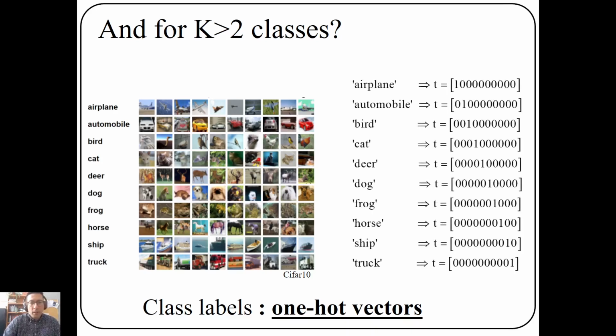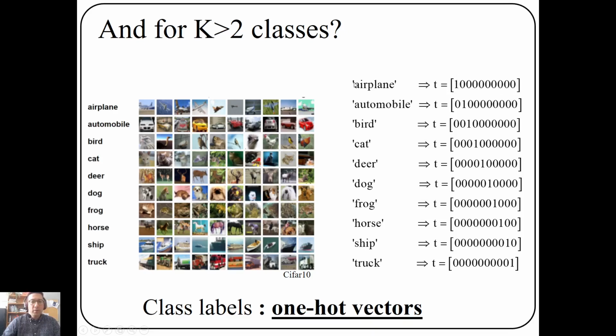And each class, instead of being associated to a value like 1, 2, 3, up to 10, is assigned a so-called one-hot vector. It's a vector of 10 elements, where every element is equal to 0 except for one that is set to 1.